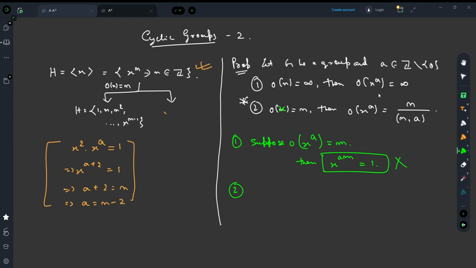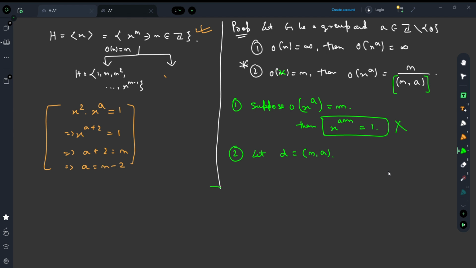What we first do is choose a notation for the GCD. Let d be the GCD of n and a. Clear? We are to show that the order of x to the power a is n upon d. We need to simplify this a bit. How do we do that? Observe that if d is the GCD of n and a, then d divides n, and d divides a.